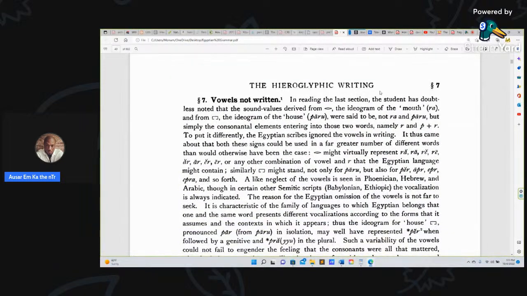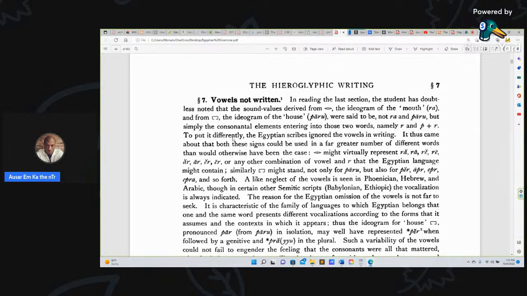The hieroglyphic writing, vowels not written, most vowels not written. So, in reading the last section, the student has doubtless noted that the sound vowels derive from the ideogram of the mouth, which is ra, and from per, the ideogram of the house, paru, actually, were said to be not ra and paru, but simply the consonantal elements entering into those two words, namely R and per.